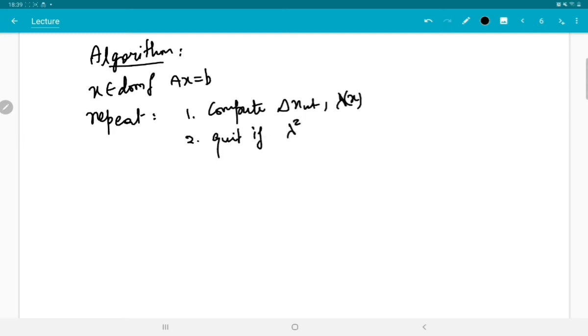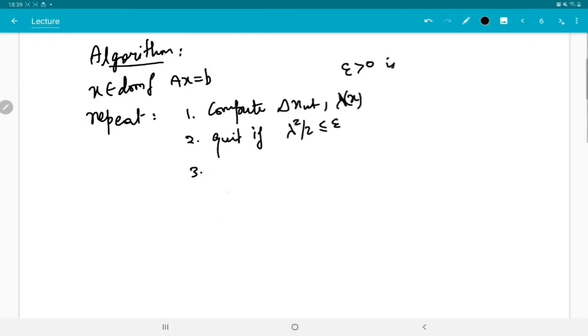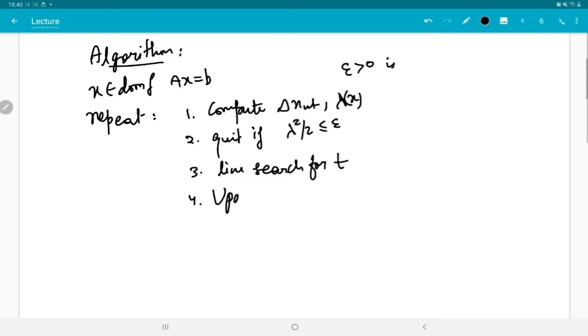Stop if lambda square by 2 is less than or equal to epsilon. Epsilon is the cutoff value where we have to stop. Then line search for t. The last step is to update the value of x.